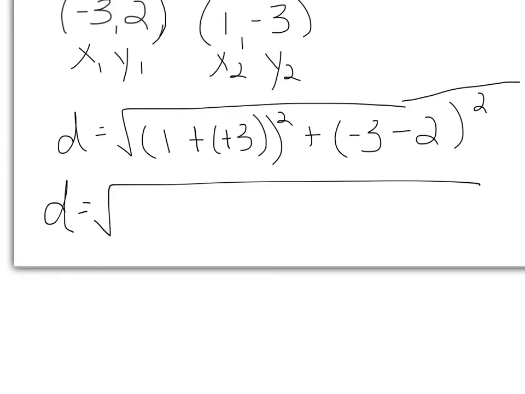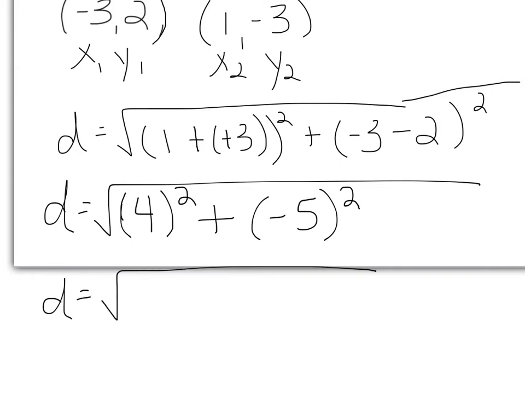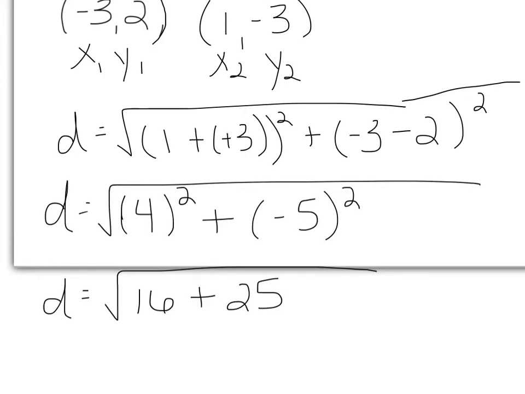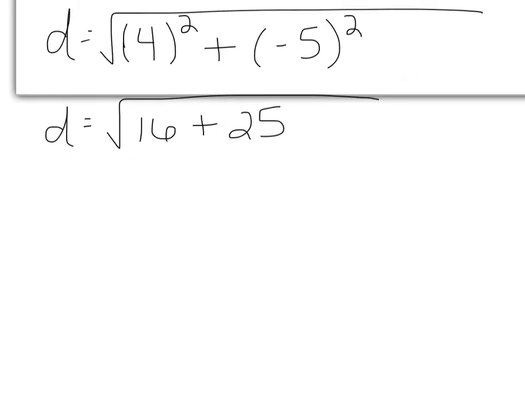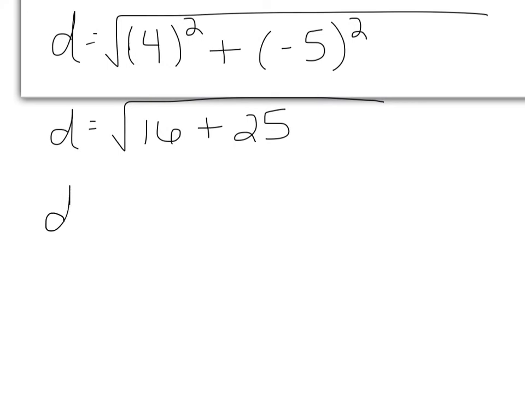So this becomes 1 plus 3, so you actually have 4 squared plus negative 3 minus 2 is negative 5 squared. 4 squared we know is 16 plus negative 5 squared is positive 25, because remember, a negative times a negative is a positive. 16 plus 25 is 41. So the distance is the square root of 41.